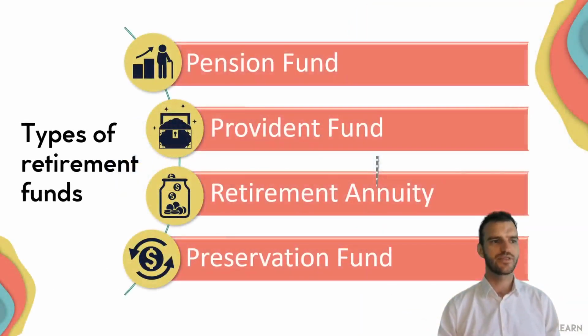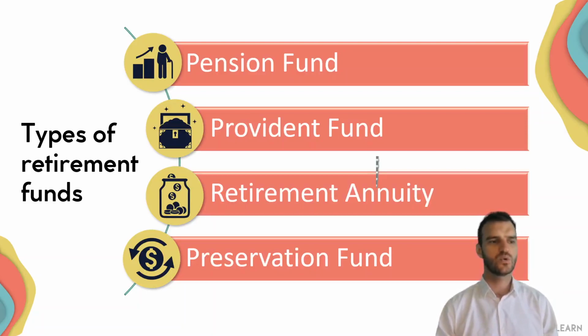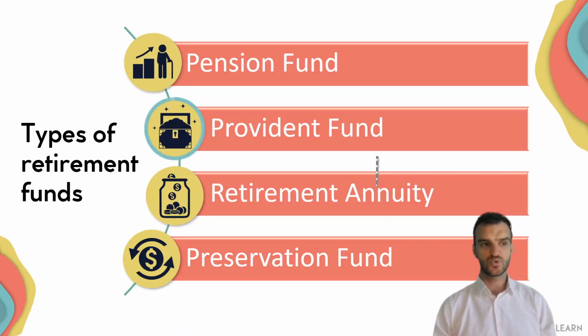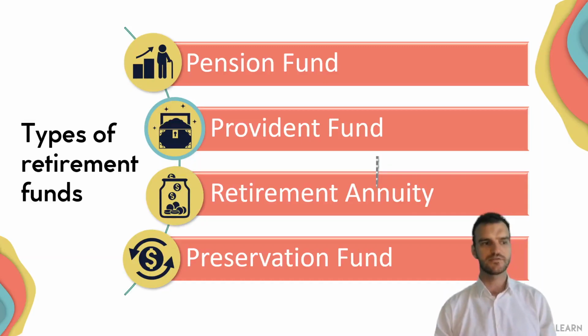So let's quickly run through the types of retirement funds that we're going to have a look at. They all have similarities, but they also have some differences, as we will show you. We have a pension fund, which is linked to your employment. A provident fund is also linked to your employment, and it's very similar to a pension fund, but I will explain the differences.